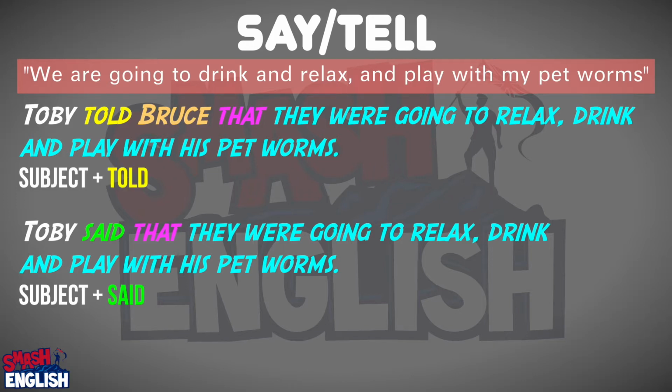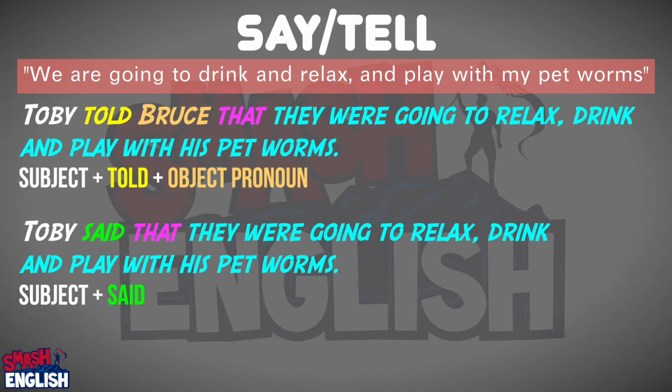The first difference, the most important difference. After tell, we need an object pronoun. After say, we don't. You cannot say, I said Bruce, or you said me, or I said him.